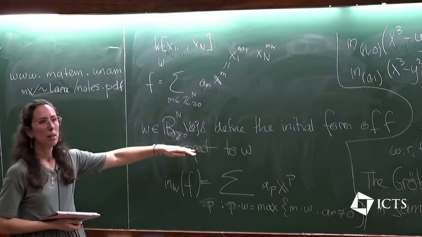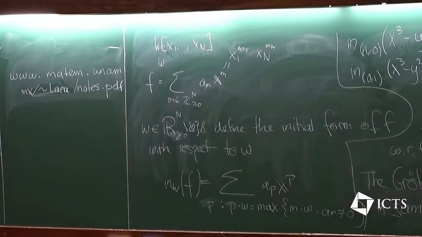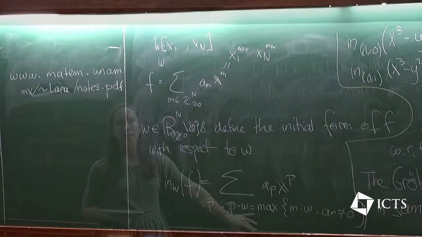Because in this case, your initial ideal would be just generated by 1, right?